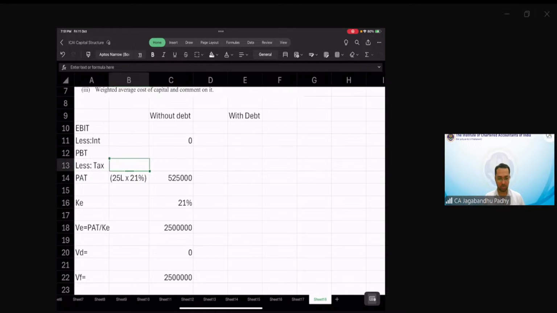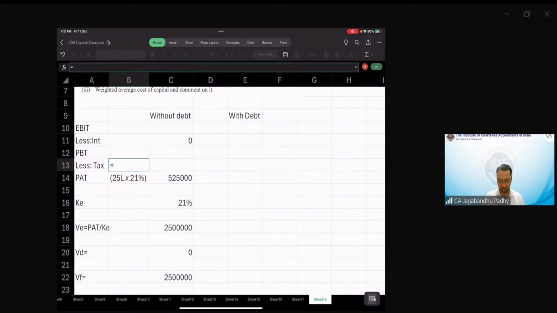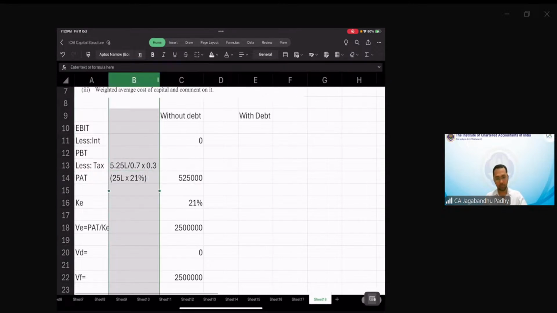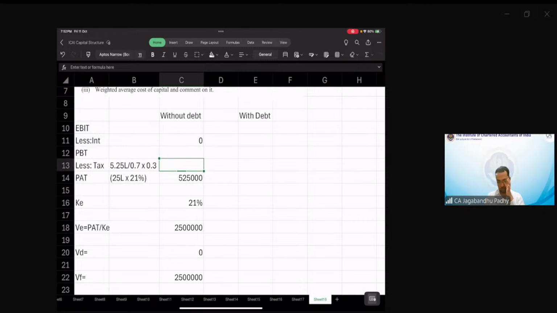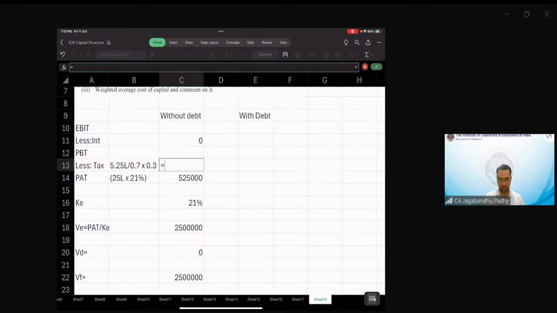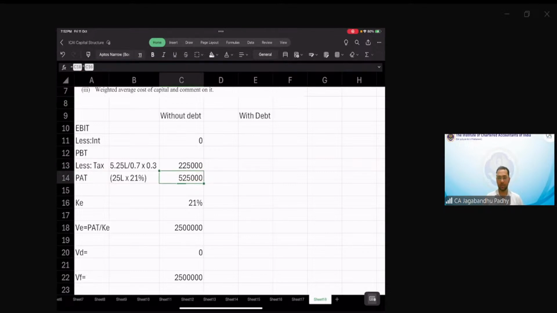Okay, so we do the simple reverse calculation, which is 5.25 lakhs divided by 0.7 and multiplied by 0.3. So by doing that reverse calculation, this divided by 0.7 into 0.3, this is 2,25,000.